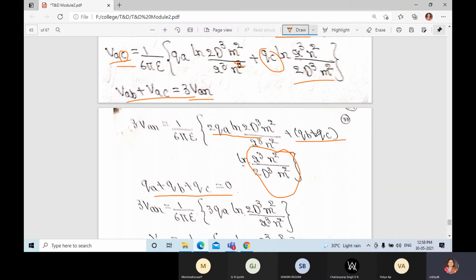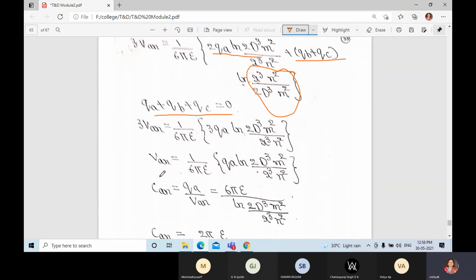So plus QA ln 2D cube M square divided by R to the power of 3 N square. So you will get 3 times QA ln 2D cube M square divided by R to the power of 3 N square. VAN is equal to, here 3 gets cancelled. VAN is equal to 1 divided by 6 pi epsilon QA ln 2D cube M square divided by R to the power of 3 N square.